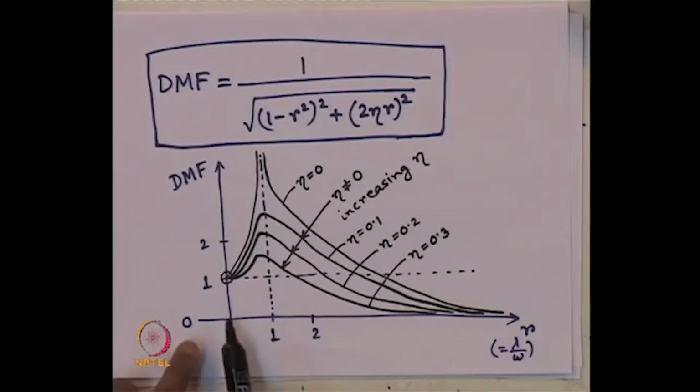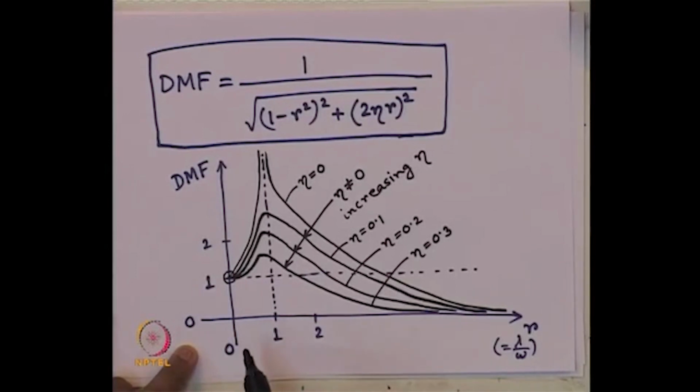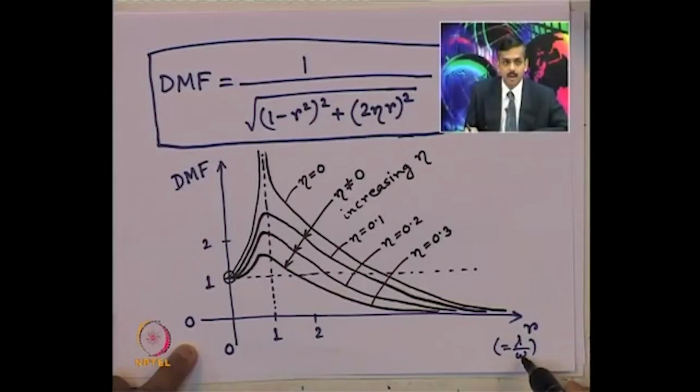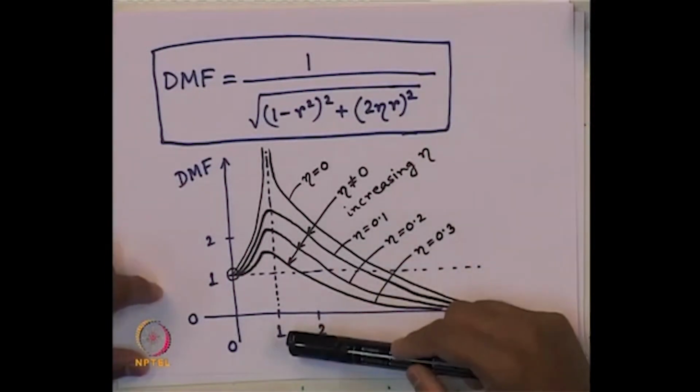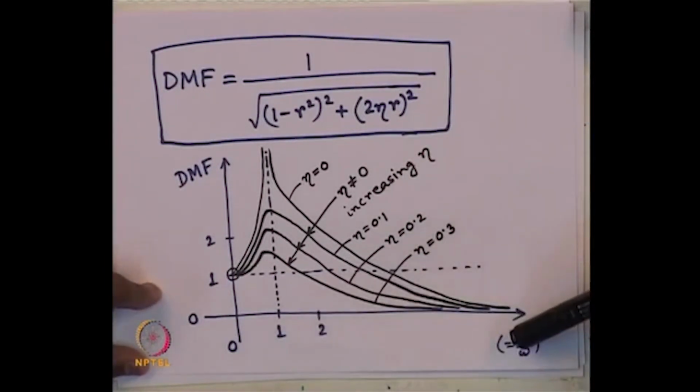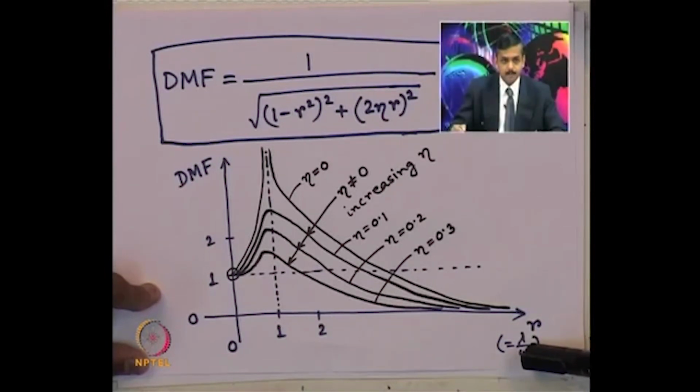Now, if you look at this variation properly, what we know is that when r equals 1, your applied external frequency matches the natural frequency of the system.